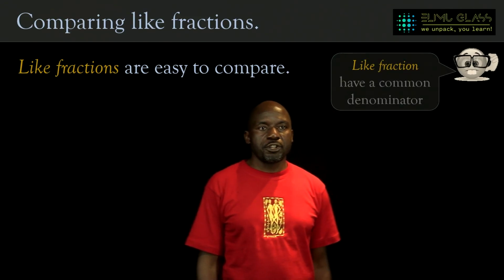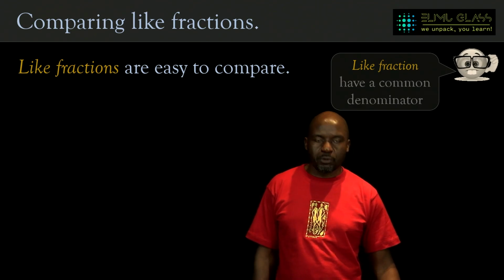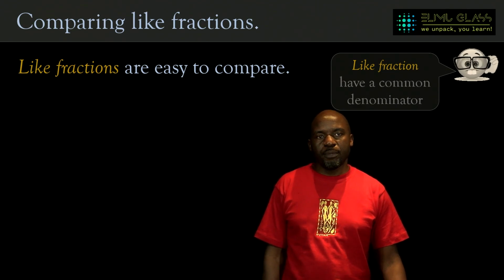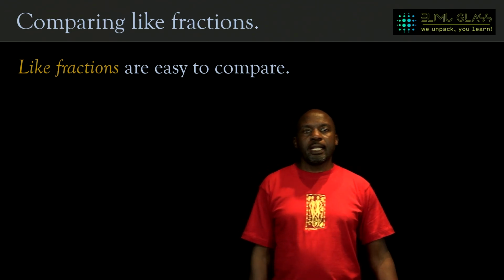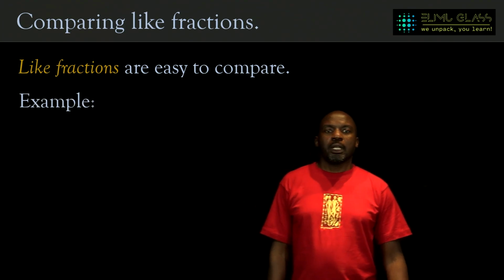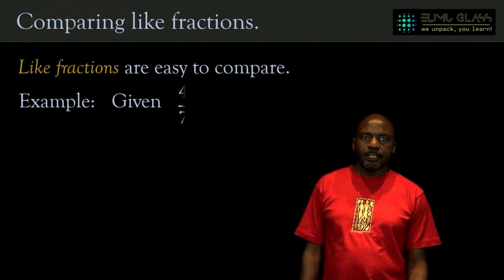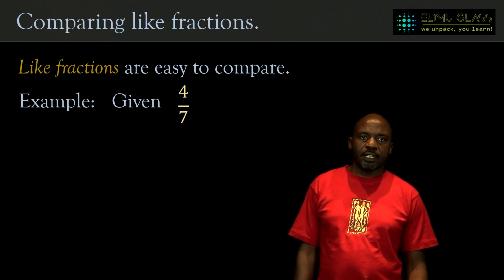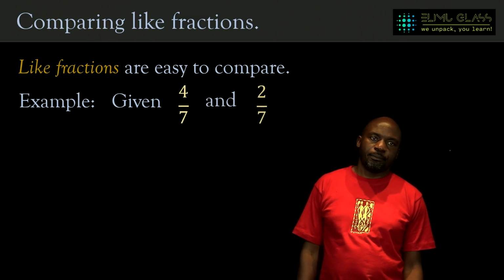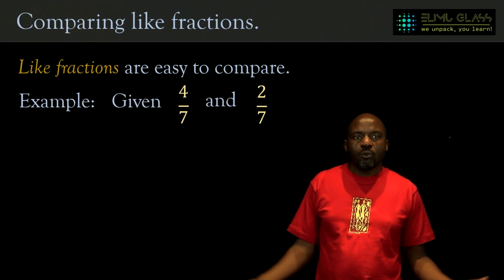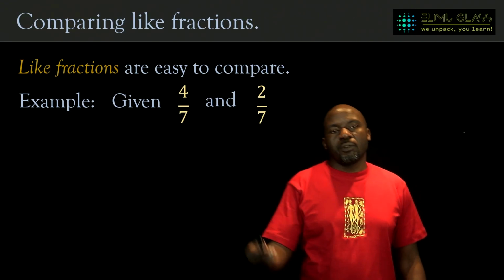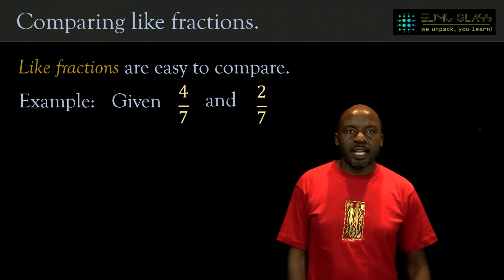Like fractions have a common denominator. That's just to remind you of what we've done a few minutes earlier. Here's an example. Given 4 over 7 and 2 over 7, which one is bigger? The denominators are the same, so these are like fractions.